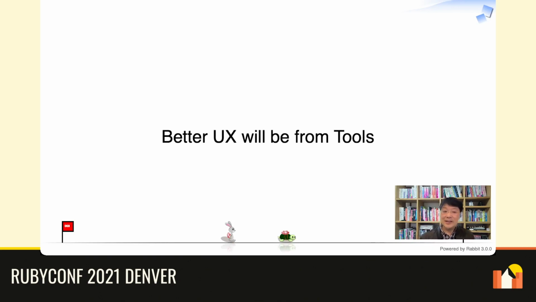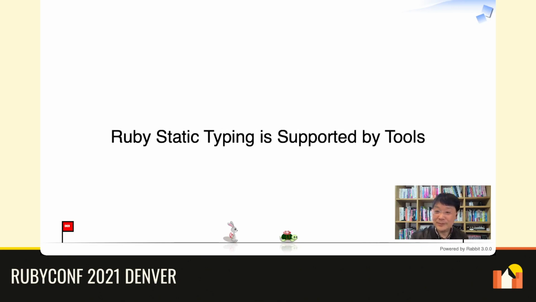Using those tools, those IDEs or smarter editors, our user experience has been improved a lot. And we need to have even smarter tools. Remember that Ruby static typing is supported by tools, not by a language enhancement. So in theory, the Ruby static type checks can be used in older Ruby, since 2.6, I think.